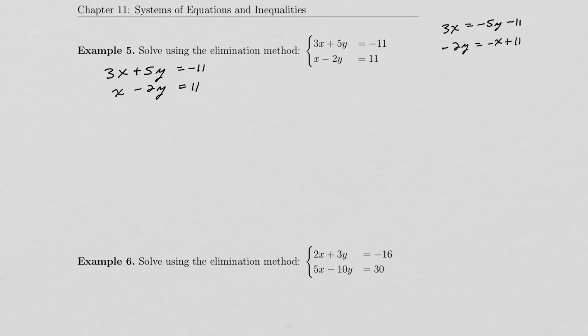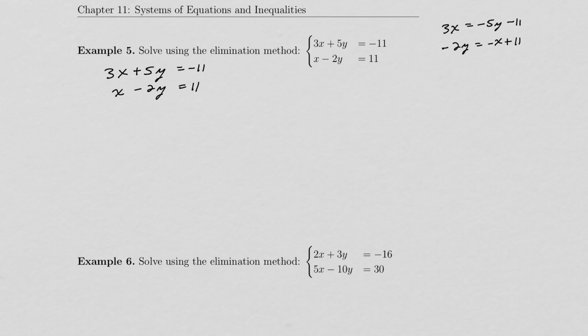So basically the lowest common multiple of 5 and 2 is 10. So I'd want to make one of them positive 10 and one of them negative 10. I could do that by multiplying this equation by 2, right? The entire thing by 2 to make this a positive 10. And then if I multiply the second equation by 5, that'll make this a negative 10. And when I add them, the y's are gone.